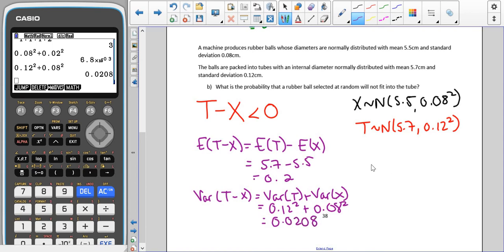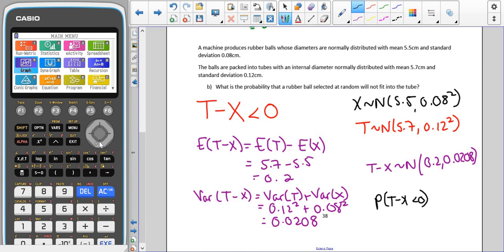So that means that T minus X follows the normal distribution with a mean of 0.2 and a variance of 0.0208.